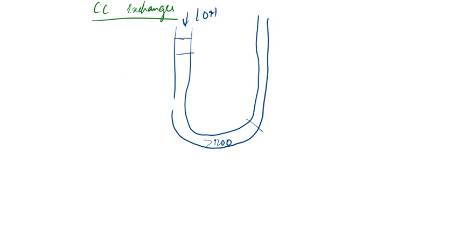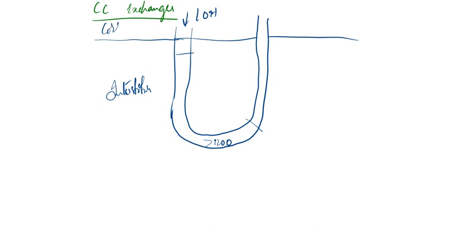Just 1 minute. So this is interstitium. In the loop of Henle, this one at this level, this is all cortex. Now this is medulla. We are talking completely about medulla, right?